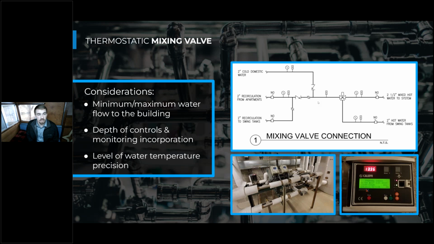And the level of water temperature precision is another factor that you'll need to think about if you're doing any sort of processing that relies on really tight temperature allowances, because these electronic mixing valves have a greater ability to nail down a specific temperature and stick to that, independent of what is being fed.